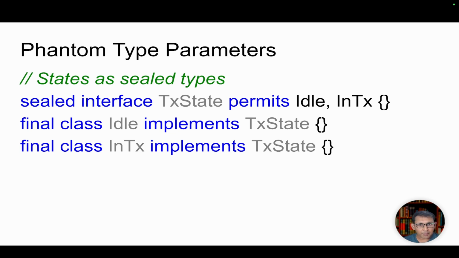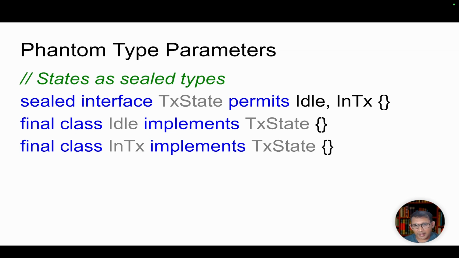Let's break down what's happening in our phantom type example. We start by defining our states as actual types, idle and in transaction. But these types carry no data. They exist purely to be used as type parameters.